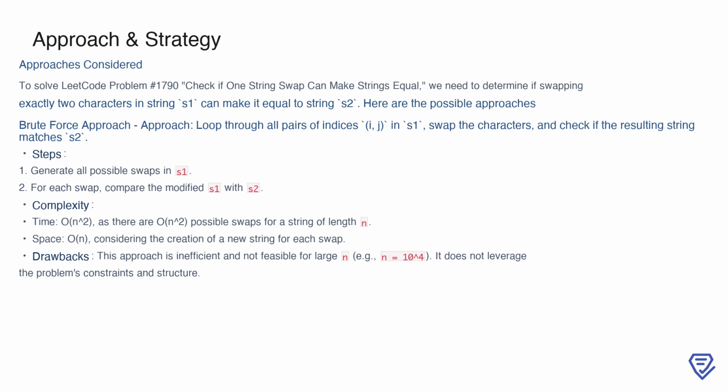The time complexity is n squared, because we evaluate all possible pairs of indices for a string of length n. Additionally, each swap might require creating a new string, which adds to the space complexity, making it n. Overall, while this approach works, it's not practical for large inputs, as it doesn't take advantage of the problem's constraints or structure. This inefficiency highlights the need for a more optimized strategy.